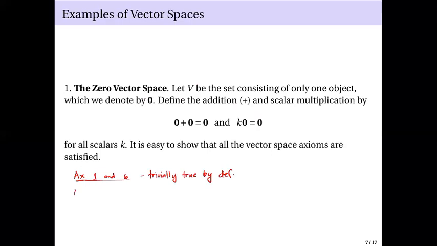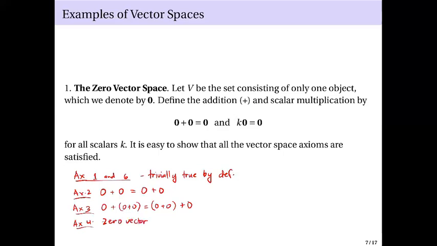Axiom 2, you have 0 plus 0 equal to 0 plus 0. Axiom 3, you have the associativity. You have 0 plus 0 plus 0, which is the same as 0 plus 0 plus 0. All of them will just be 0. Axiom 4, you got the 0 vector.